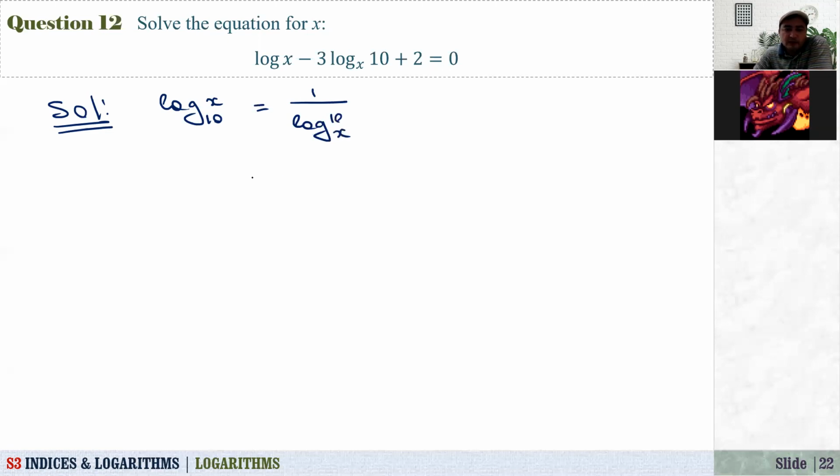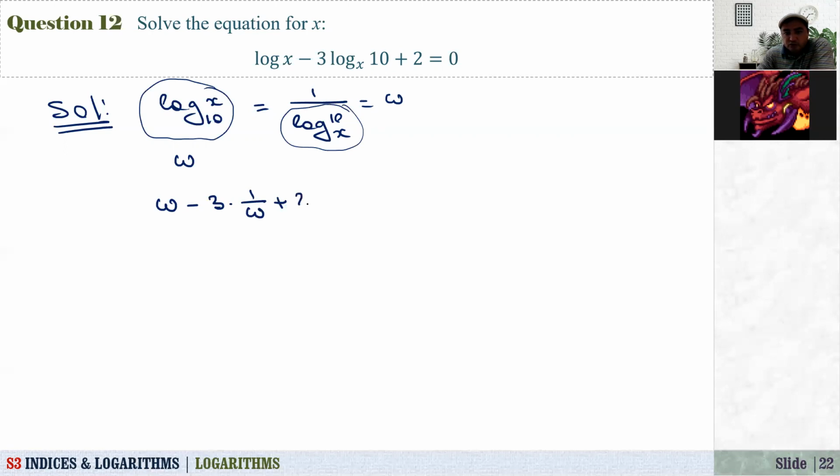Suppose logarithm of x to the base 10 is w. Then the equation becomes w minus 3 times 1 over w plus 2 is equal to 0.